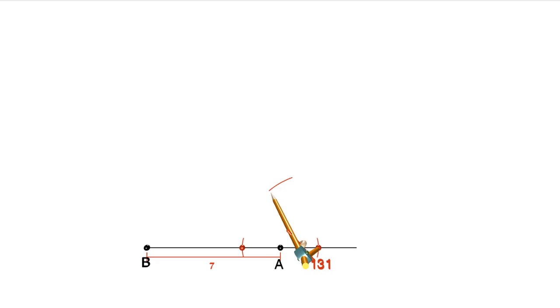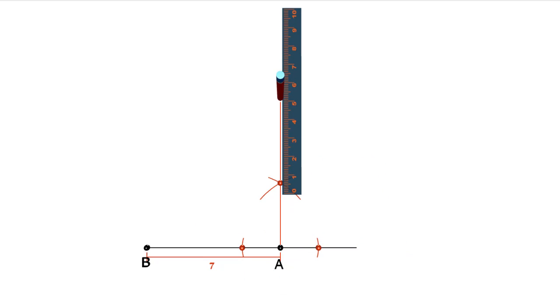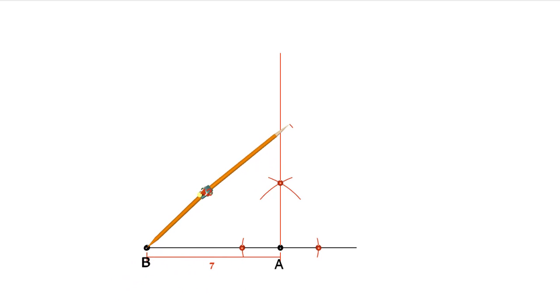Then open the compass more than half the distance between those two points, red points in this case, and make two arcs that intersect. Now we denote that intersection there with F. I also remove that intersection and draw a line AF so it goes vertically.